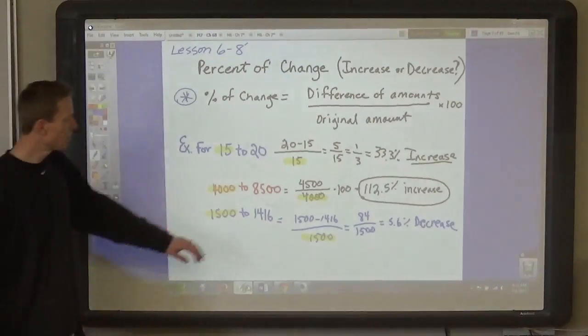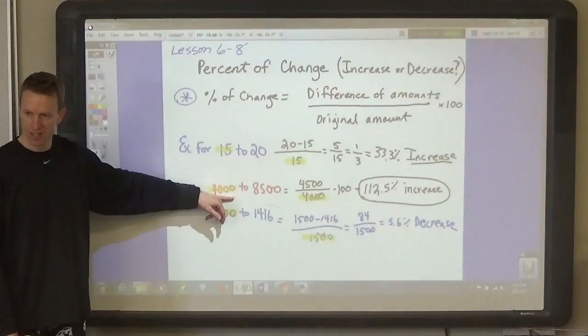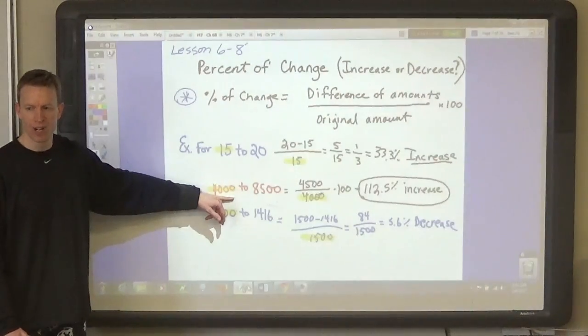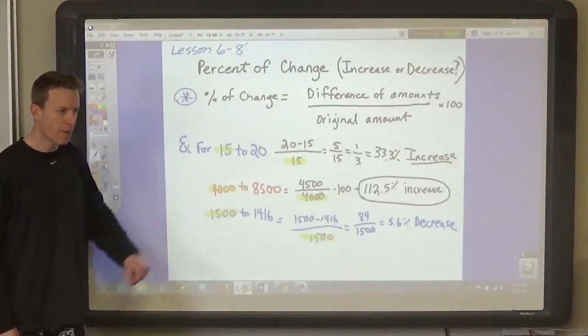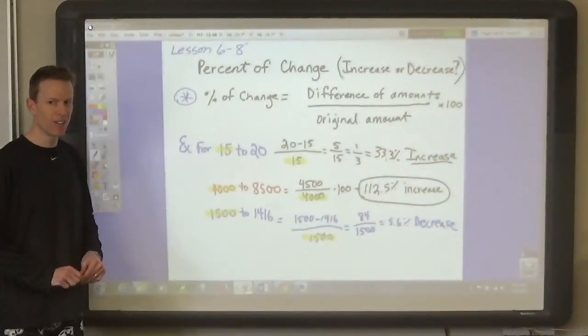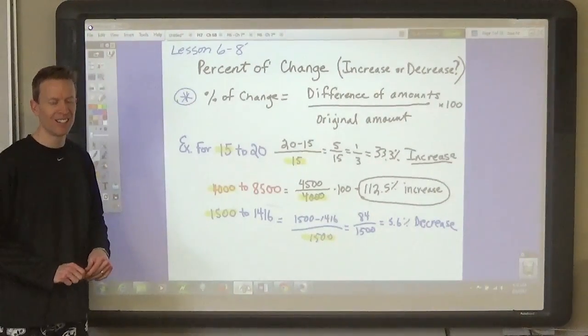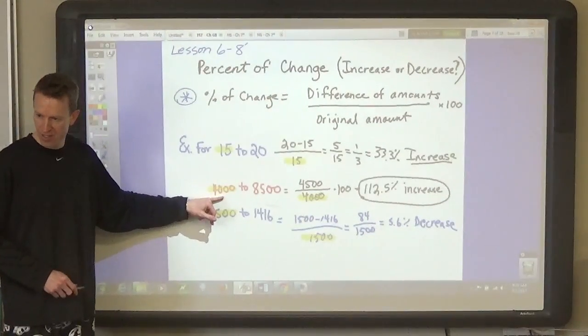Yeah, subtract their absolute value. 8,500 minus 4,000. And then what? Then we'll divide it. Divide it by which number? The bigger number? No, wait. The smaller number? No, it's the original. The original number, right, the number that you start with.